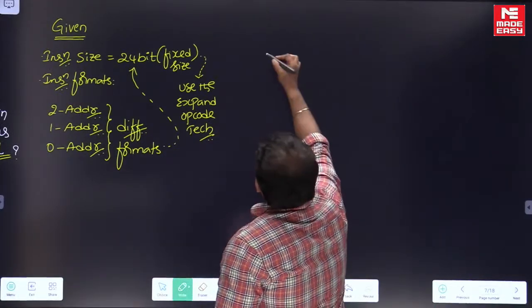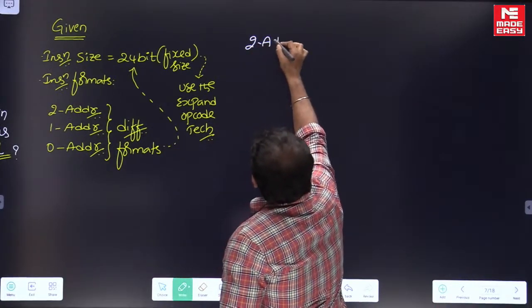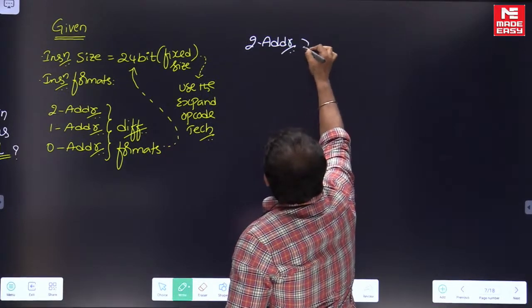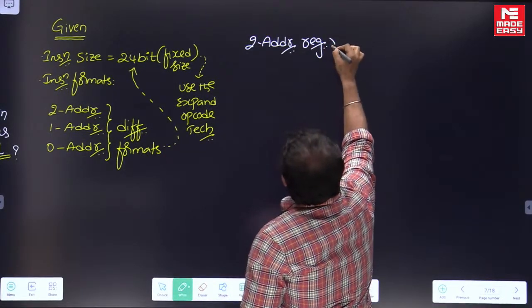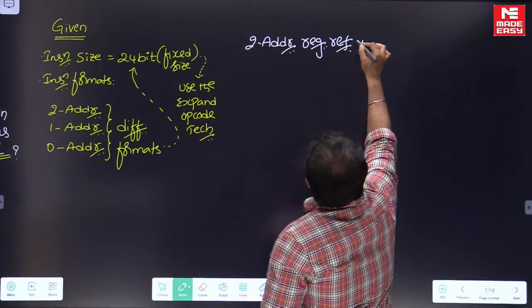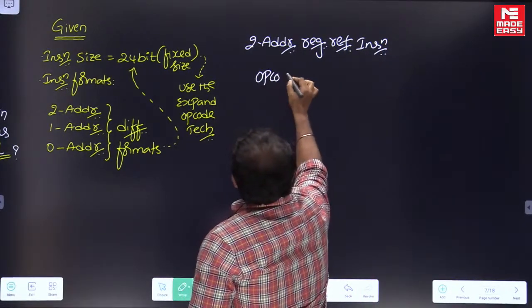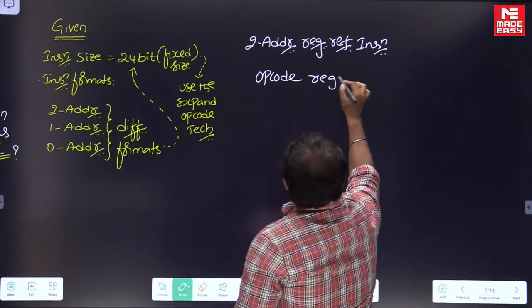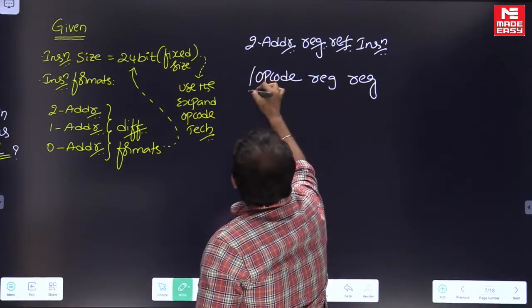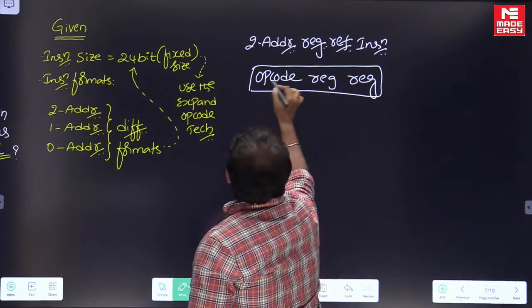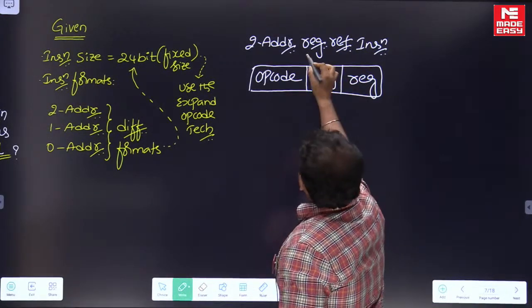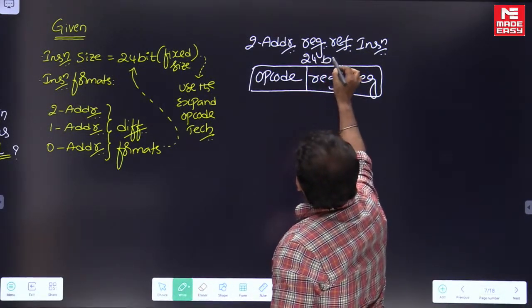Okay. Here, the two address format is given, students. See this? Two address register reference instructions: opcode, and both the addresses are register references. This is the two address format, dear students. Instruction size is 24-bit.